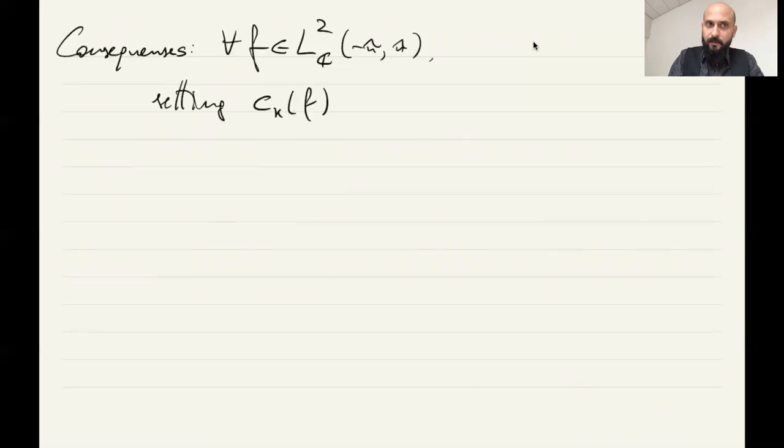okay, these are called Fourier coefficients. This is the scalar product between f and φ_k.